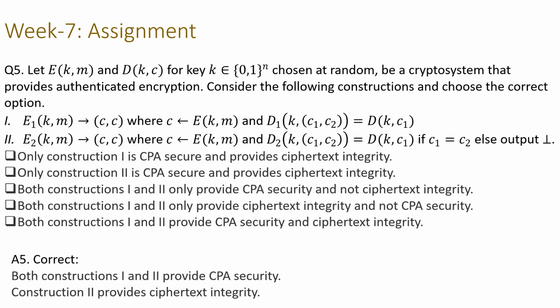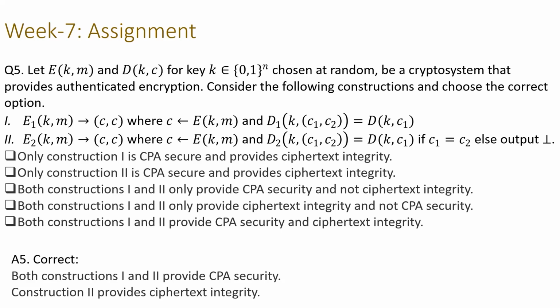If it had access to the encryption oracle for the basic scheme E, it would have seen the same M comma C pair, and in the modified scheme E1, it is just seeing the M comma C pair. So basically no extra information is leaked about the plaintext by the ciphertext. So we say that it is indeed CPA secure.